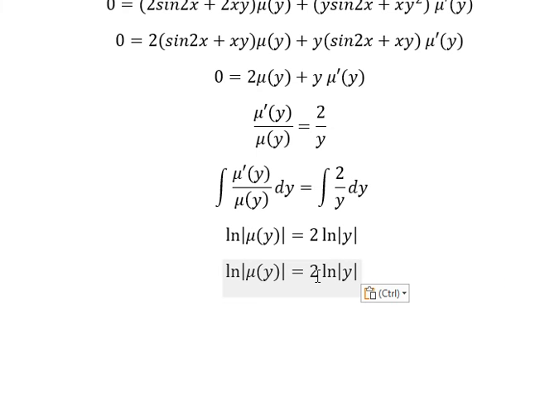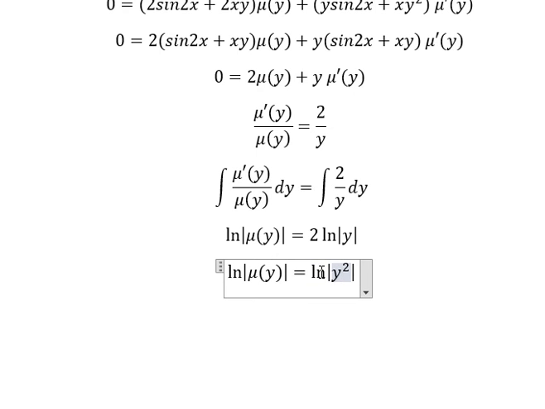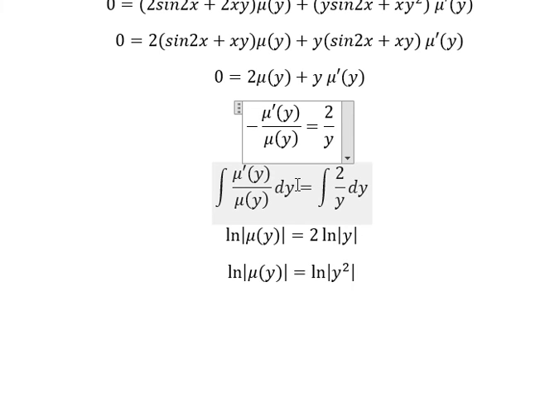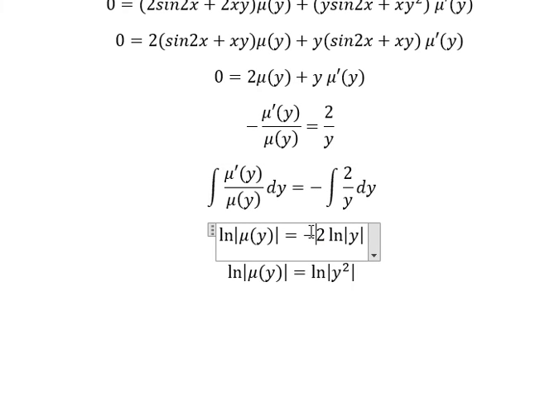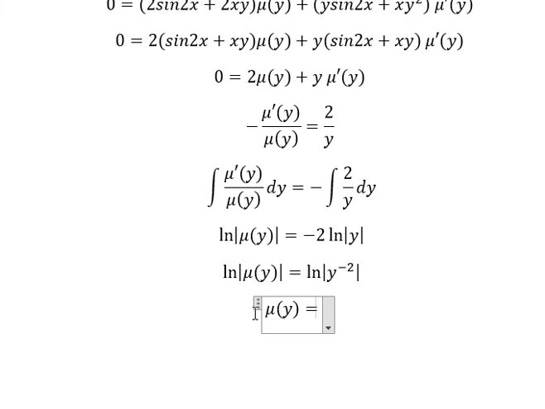And we can put number 2 inside ln. Now, in this situation, I forgot negative in here. So I will put negative in here. So the power in here. Next, this one, we can put mu of y equal to 1 over y squared. So that means we multiply both sides by 1 over y squared in here.